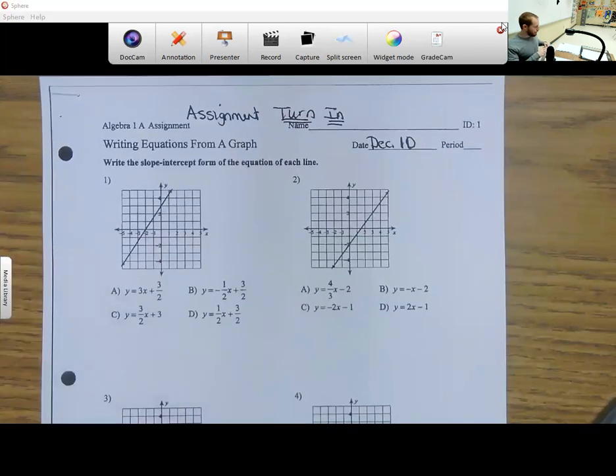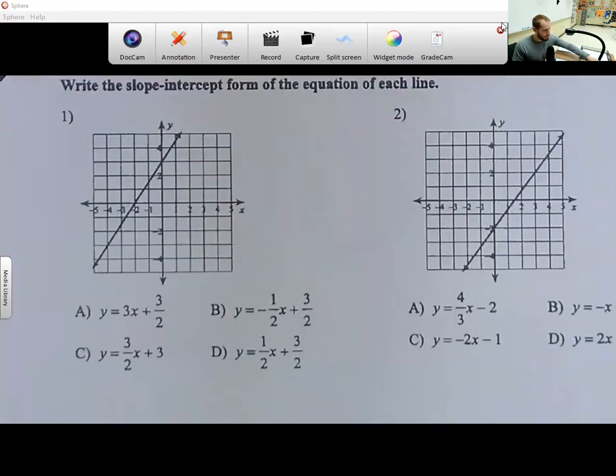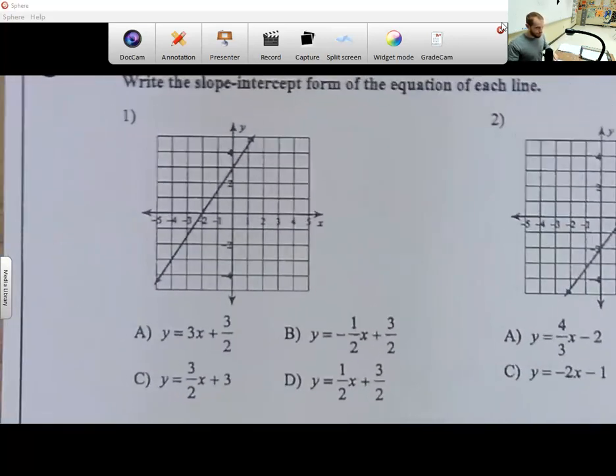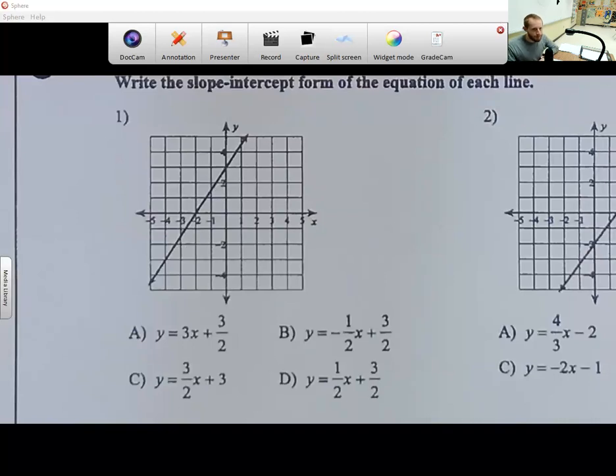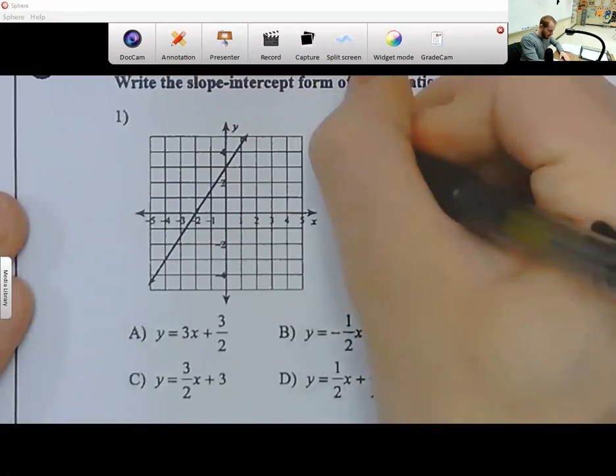All right, we're going to be looking at the problem set, and I want to look at number 1 first. I'm going to zoom in on that as much as I can. Looking at number 1, the first thing I see is the line is going up like this.